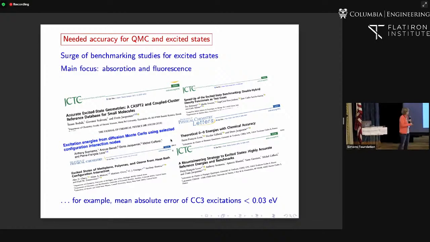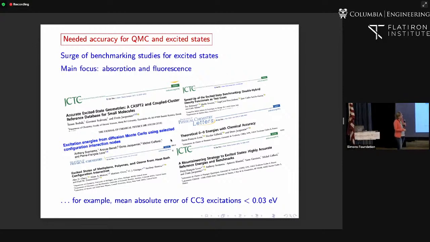For many excitations dominated by a single excitation, so relatively simple, it has been shown that coupled cluster CC3, an approximate treatment up to triples, has a mean absolute error of about 0.03 eV. So if you want to convince these people that quantum Monte Carlo is an accurate method, that's the type of accuracy you should be aiming at. That's what we have been looking at.